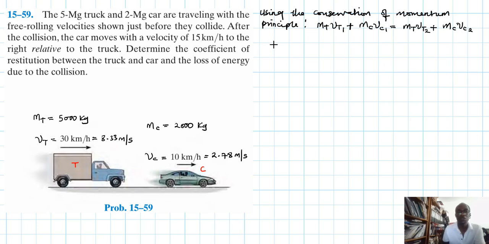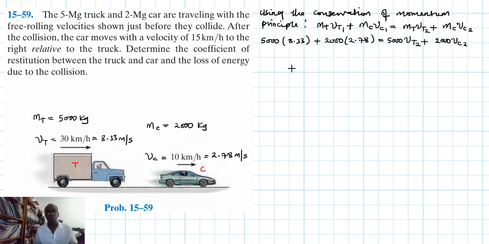We have the information for all of them, so you can just plug them in. mT is 5,000 by VT1, which is 8.33, plus mC, 2,000 by VC1, which is 2.78, equal to 5,000 by VT2 plus 2,000 by VC2.